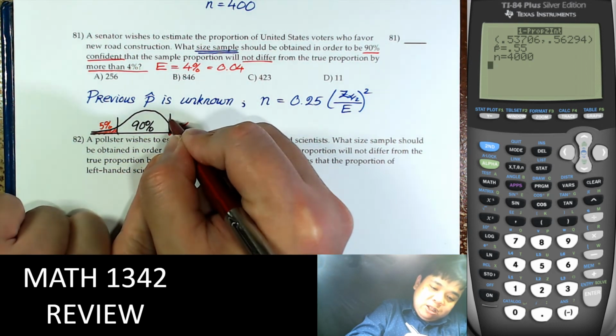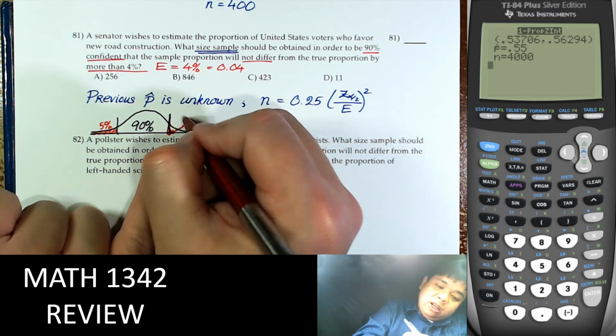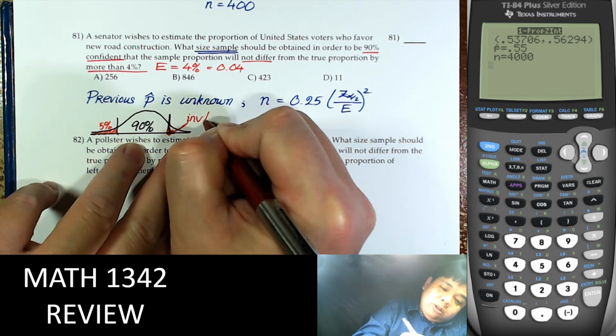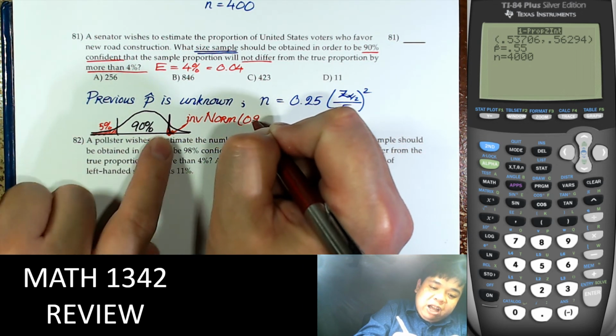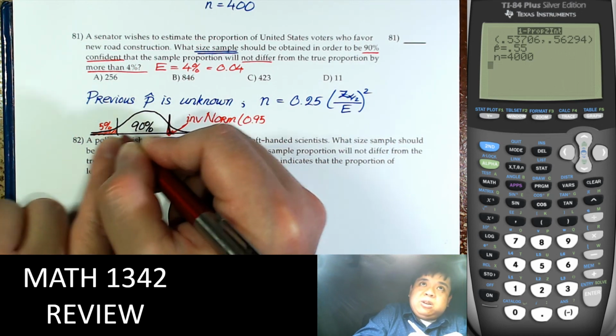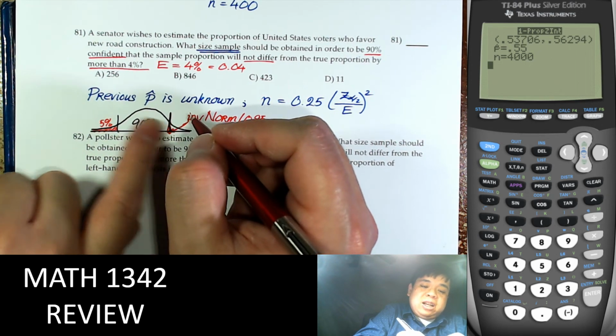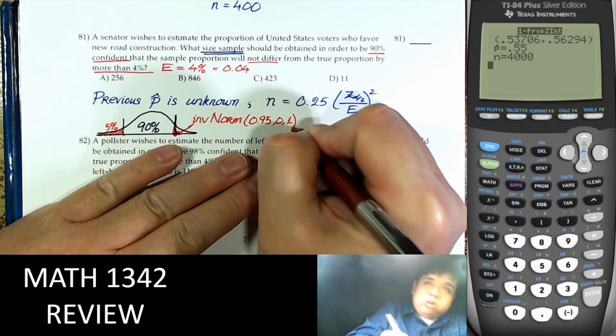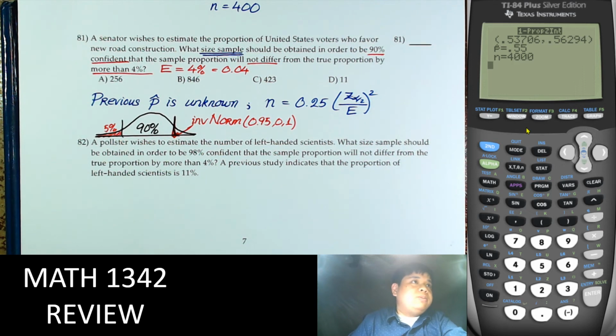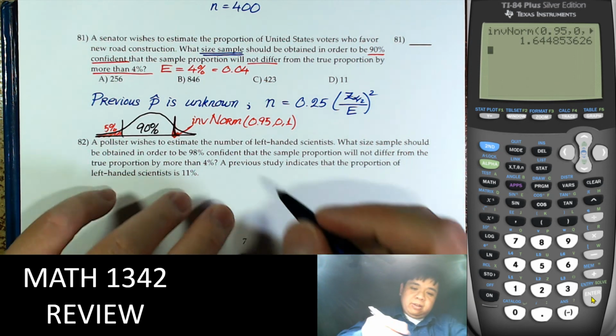To find the z value corresponding to this, we use inverse normal of 95% for the area on the left of that point. Mean is 0, standard deviation is 1, and we get 1.645.